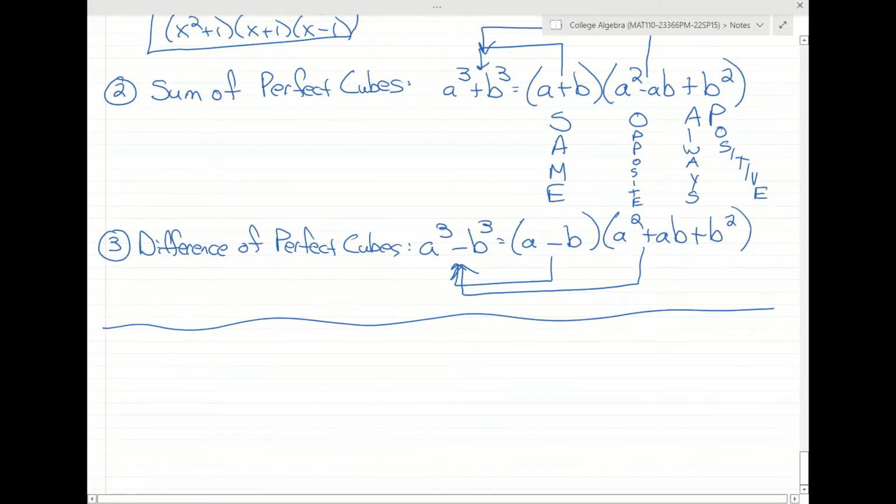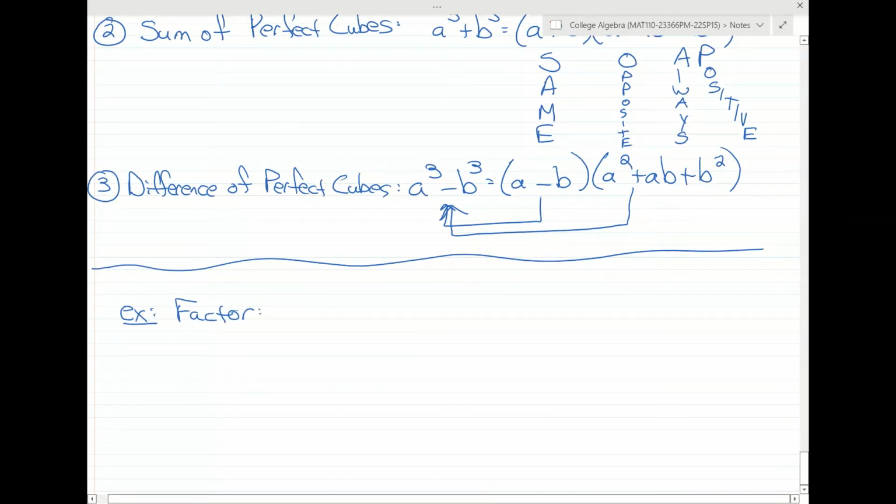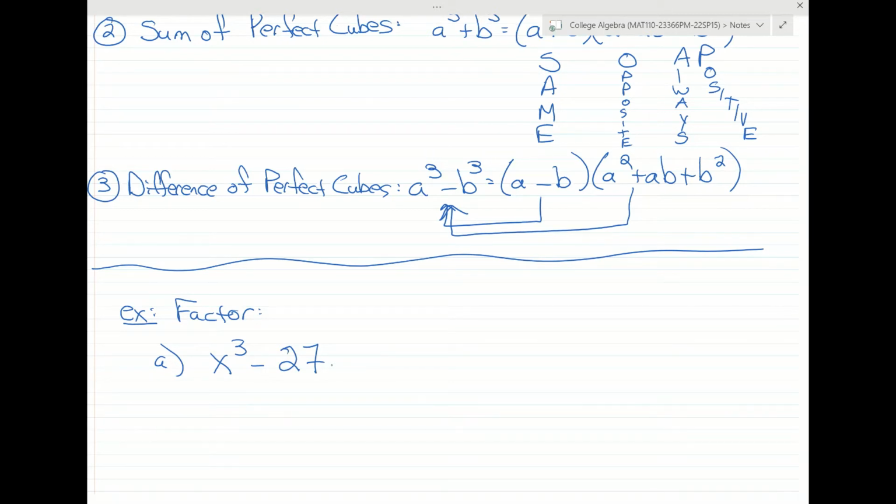All right, so let's talk about this. The directions are going to be to factor. What if we were to factor x to the third minus 27? You have to think to yourself, what cubed is x cubed?